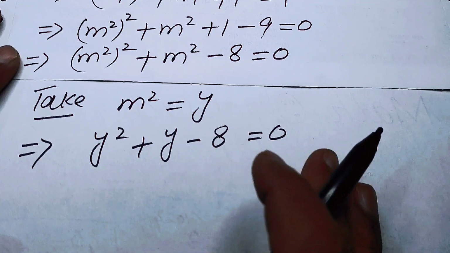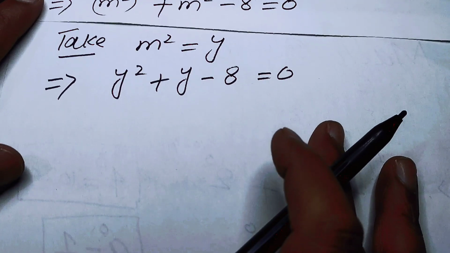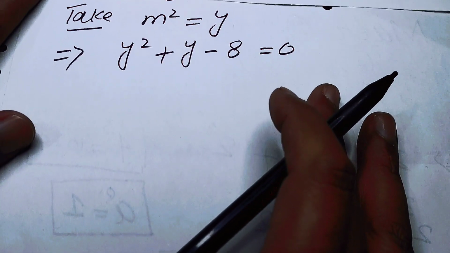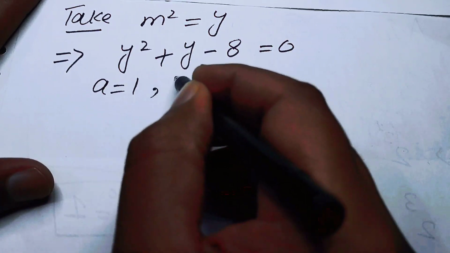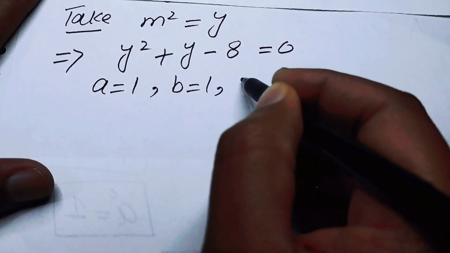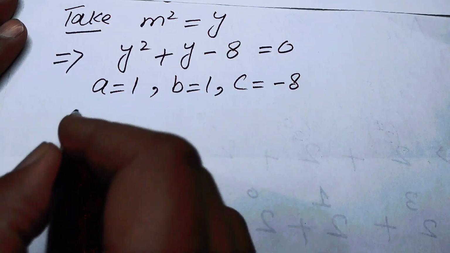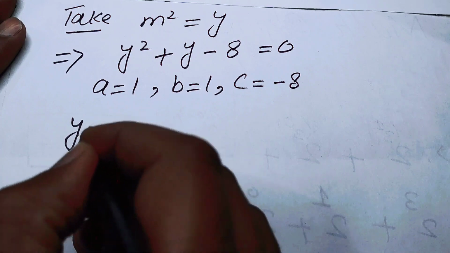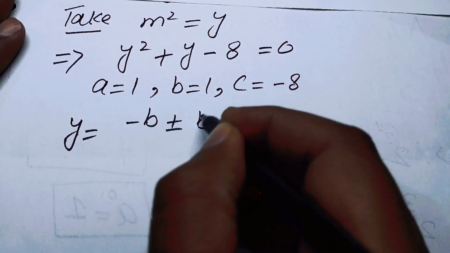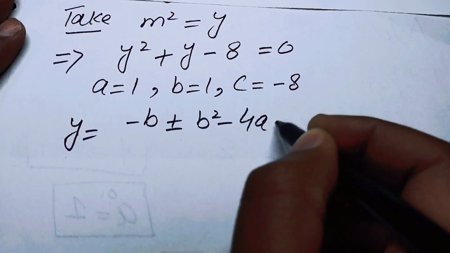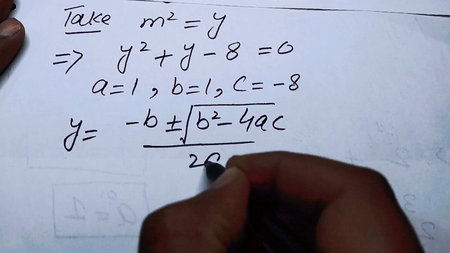Now we can solve this quadratic equation by using the quadratic formula. Here we have a is equal to 1, b is equal to 1, and c is equal to minus 8. The formula is y equals minus b plus or minus the square root of b square minus 4ac, over 2a.